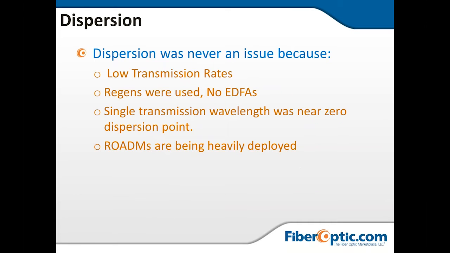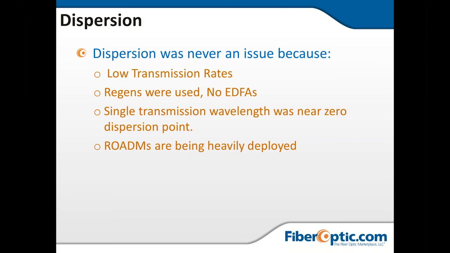Now, dispersion was never really an issue. We talked about those original networks with low transmission rates. Regeneration stations were used. We didn't have EDFAs. We were using a single wavelength, and we kept it near the zero dispersion point.